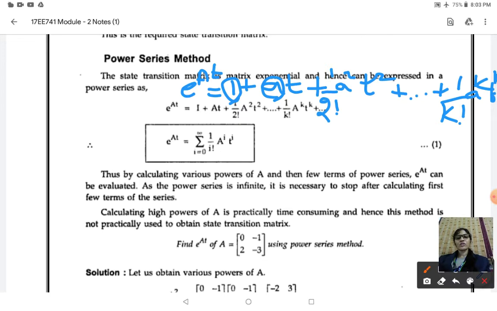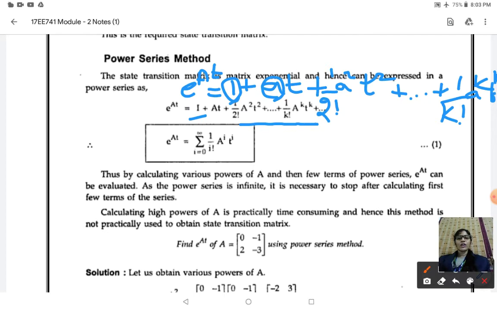So in the place of 1 you write the identity matrix. Therefore the formula becomes I plus At plus 1 divided by 2 factorial A square t square, and so on till 1 divided by k factorial A^k t^k.